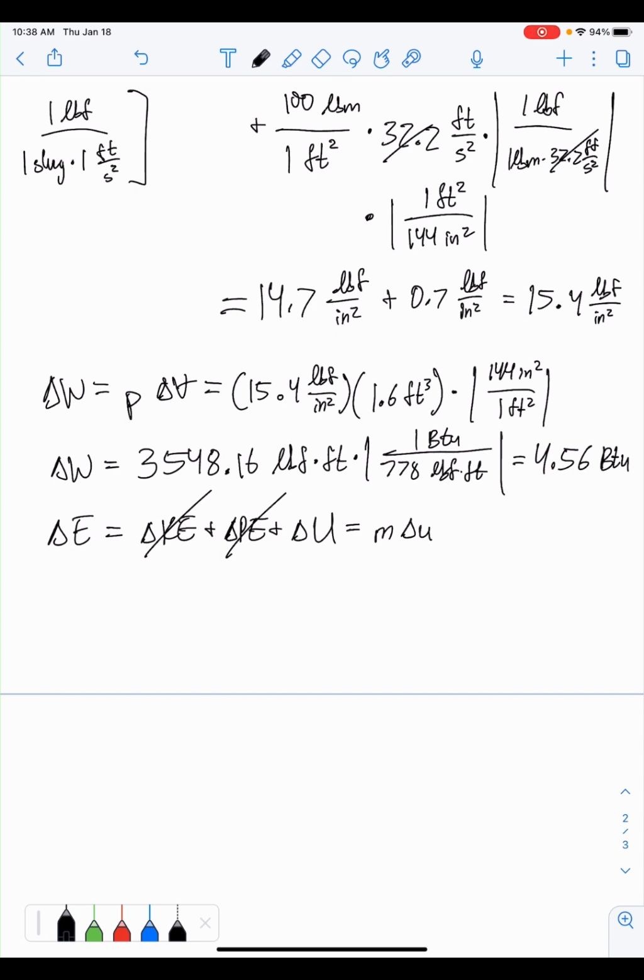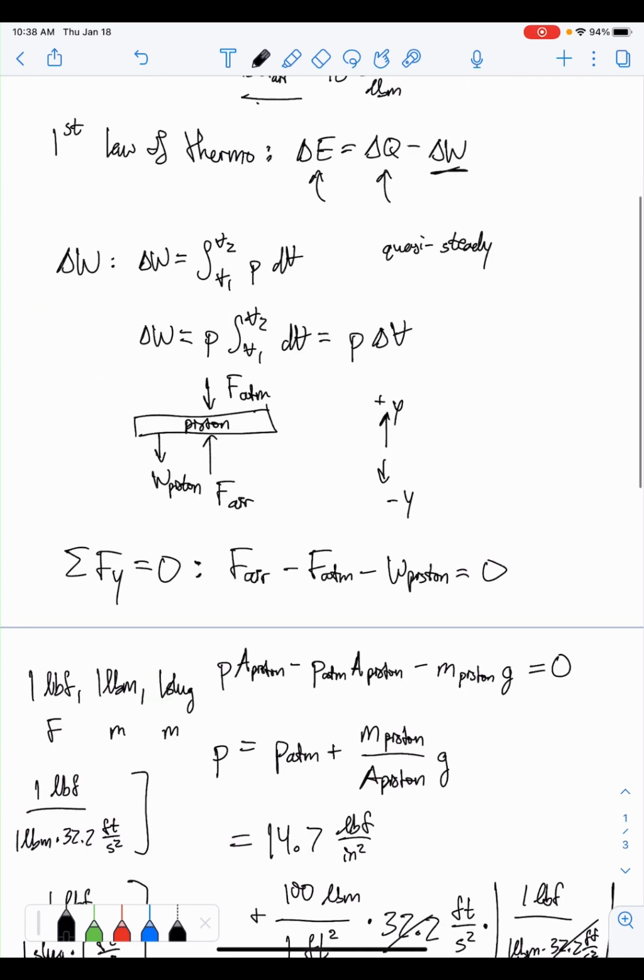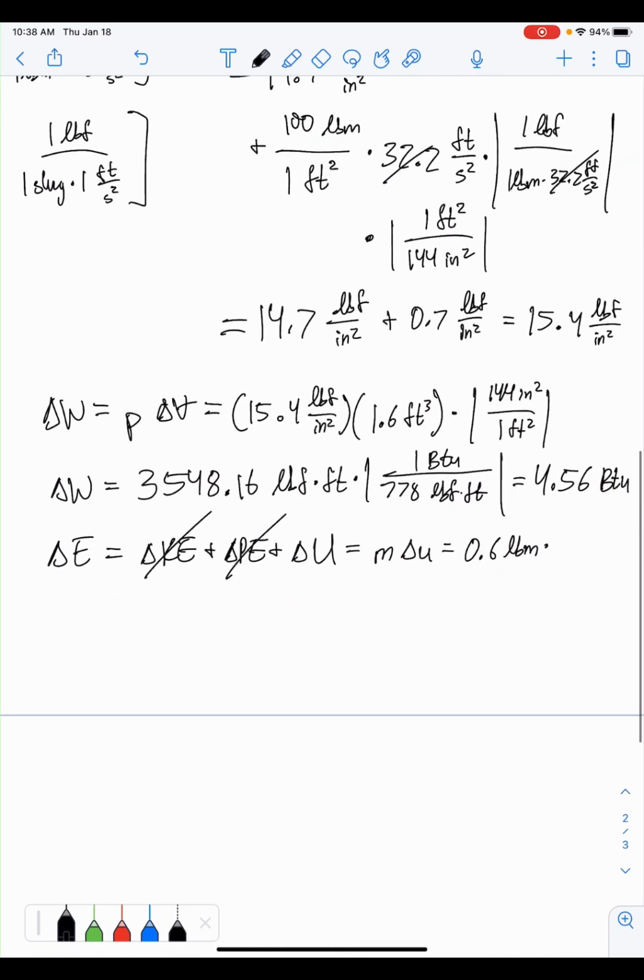Therefore, change in energy of the system would be the mass of the air multiplied by the change in internal energy of the system. 18 is BTU per pound mass. Okay.